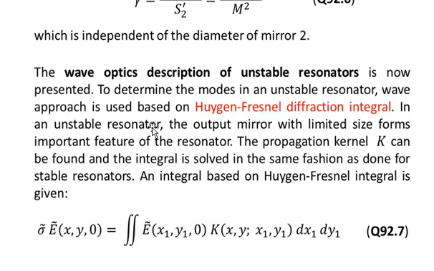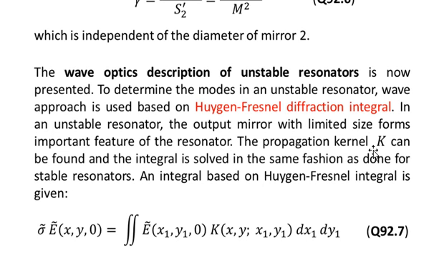In an unstable resonator, when we talk about wave optics, the output mirror with limited size forms important features of the resonator. Here the output mirror, for example mirror 2, has limited dimensions, whereas the size of the spot after one round trip, represented by the magnification capital M, is much larger than the linear dimensions of the mirror.